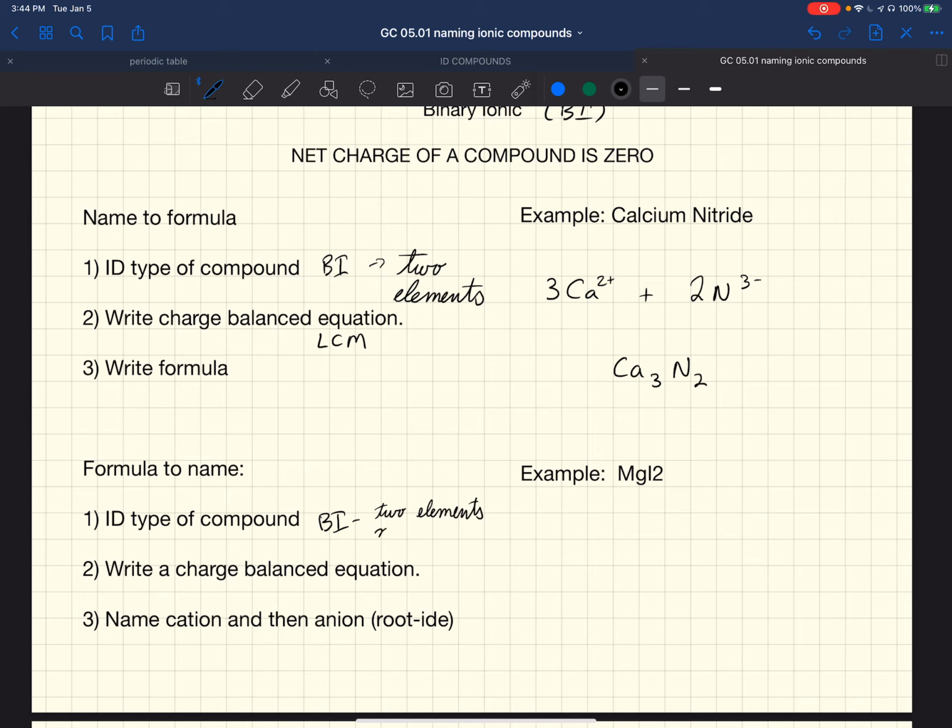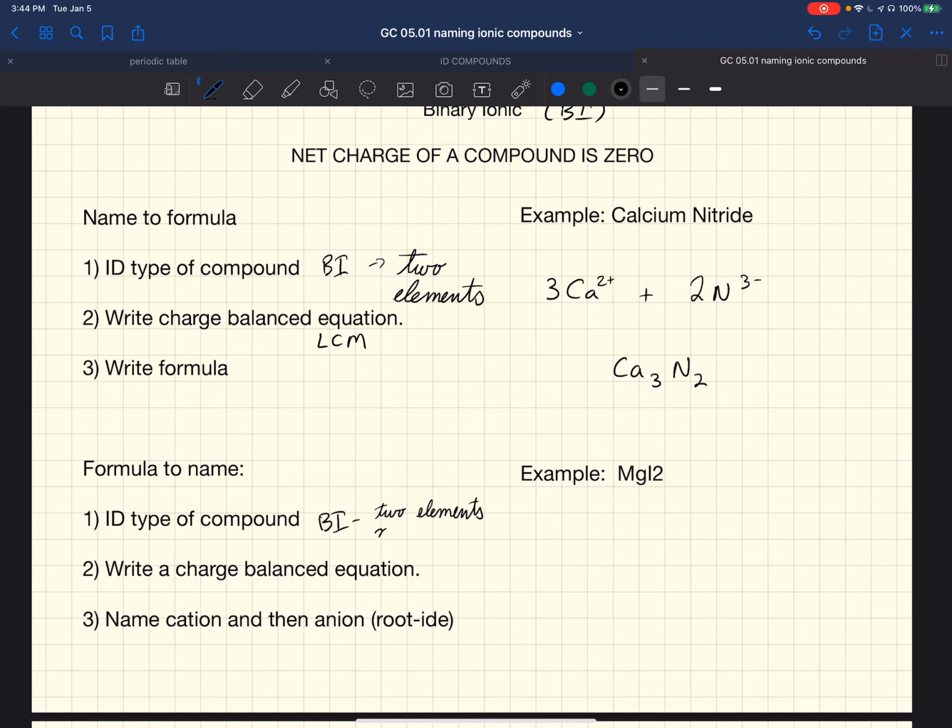Well, I've got 2 iodide ions. Okay, and so iodine is down here. It has a charge of -1. And I've got magnesium ion, which has a charge of +2. That's right here. Has a charge of +2. So there we go.